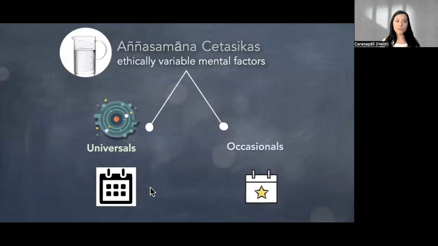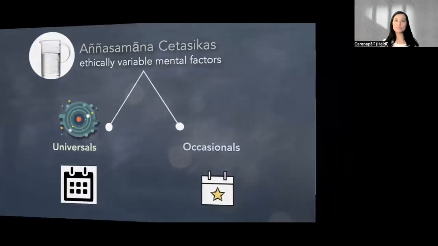So the universals that we have looked at last week are those that associate with all kinds of chittas. That means that whatever chittas arise, they always arise together with these universal, ethically variable cetasikas. So what are they? Let's do a quick revision.